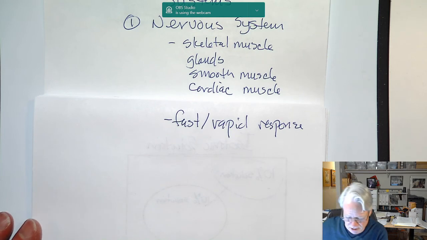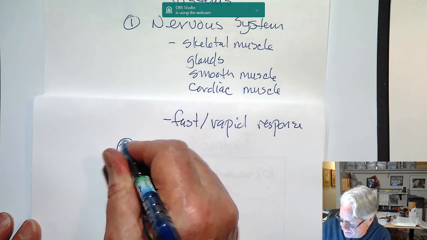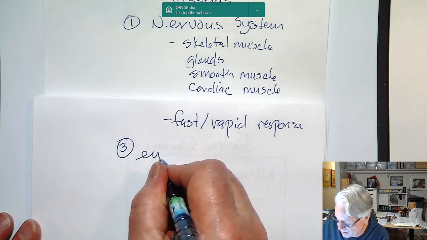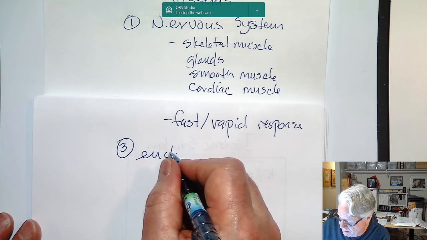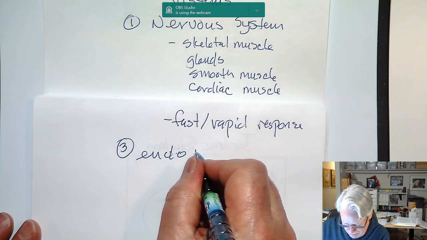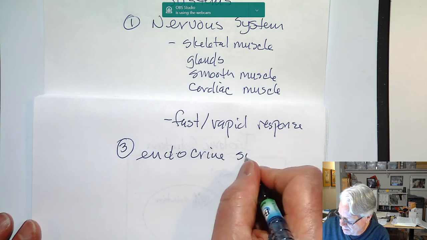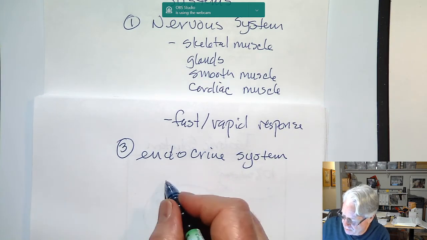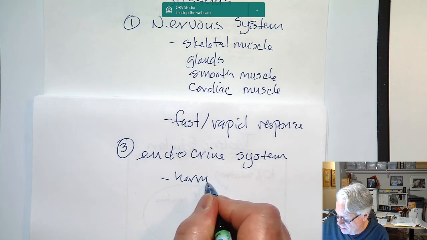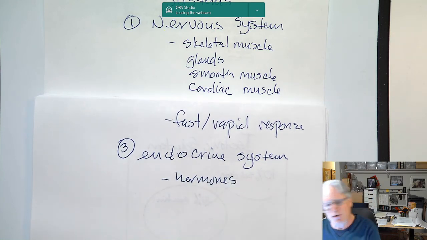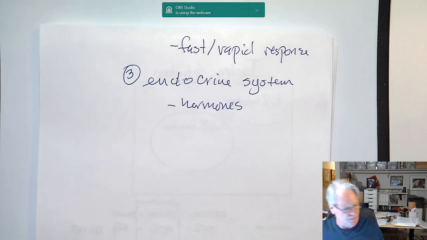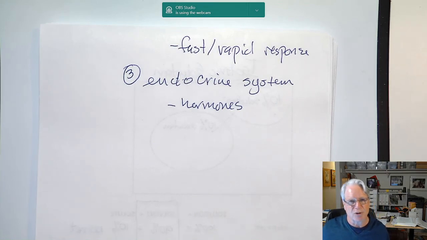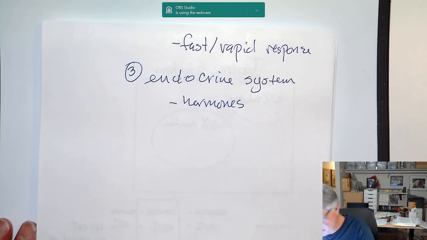All right. Number 3 is the endocrine system. All right. And so here we're going to be using a chemical called hormones. And you're going to define what a hormone is in 40C.